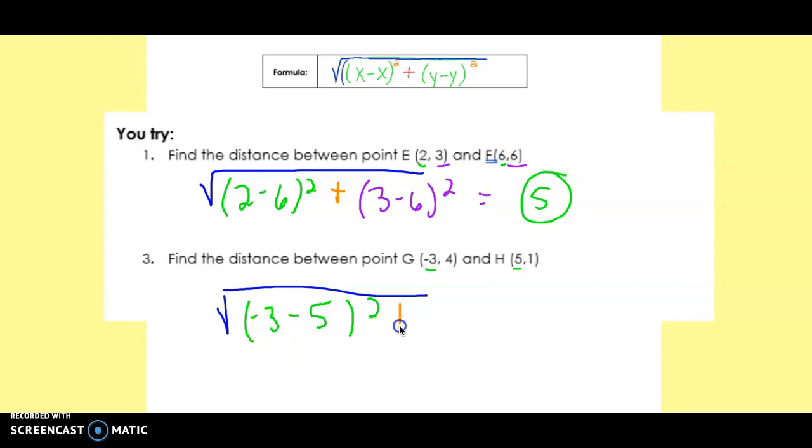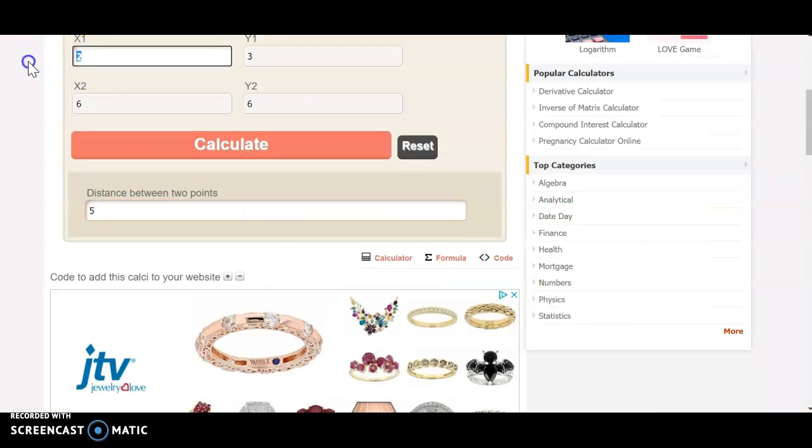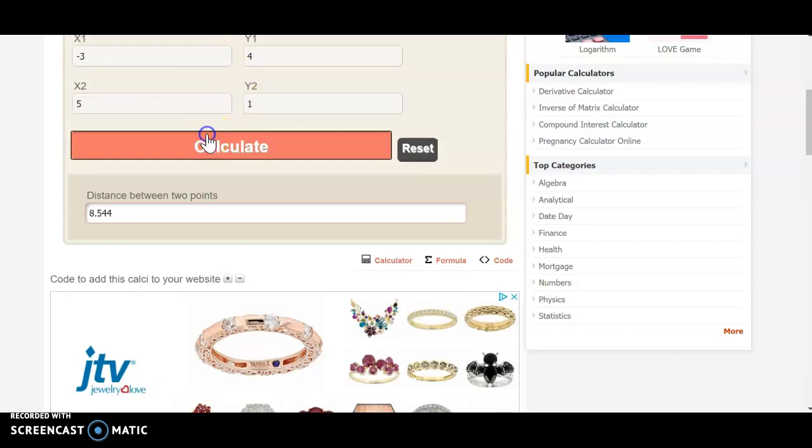Then we're going to add, and I'm going to subtract my y values, 4 minus 1, and square it. So -3, 4, and 5, 1. And I hit calculate, and you get 8.5.